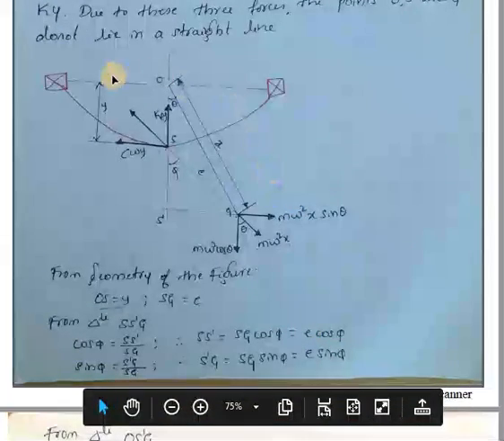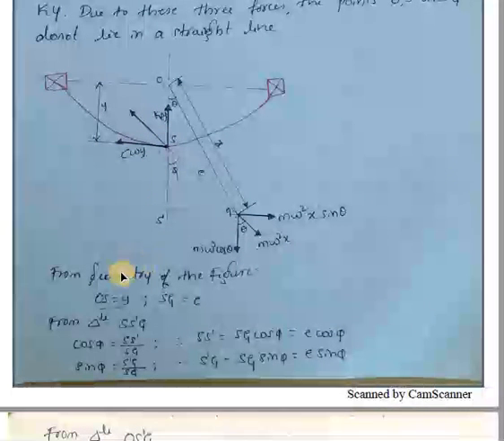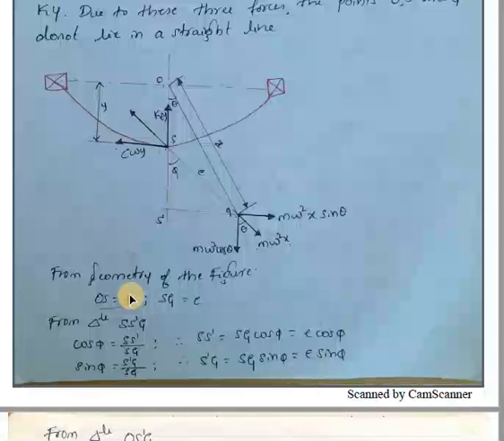From this figure, you can see that OS equals y, and SG is equal to e, because this point is shifted here.